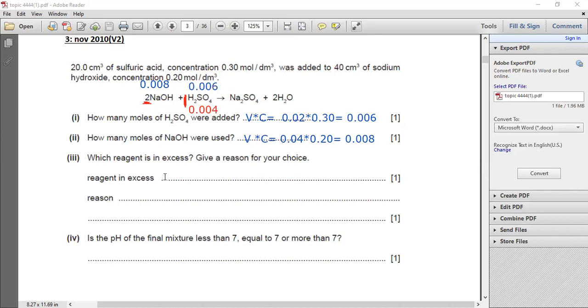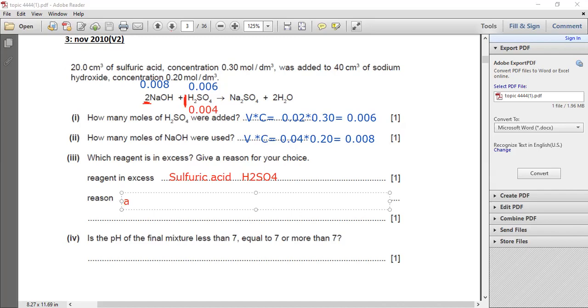So the reagent in excess is sulfuric acid, H2SO4. The reason why? Because the mole-to-mole ratio of H2SO4 would be 0.004 as it is half. So what should I write to gain a mark here?